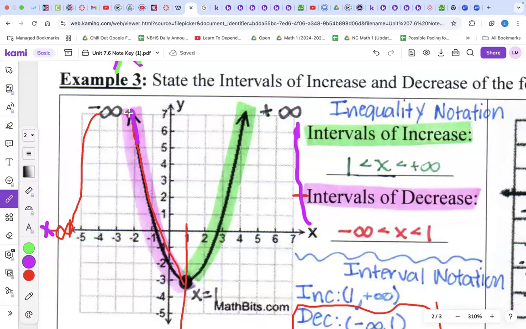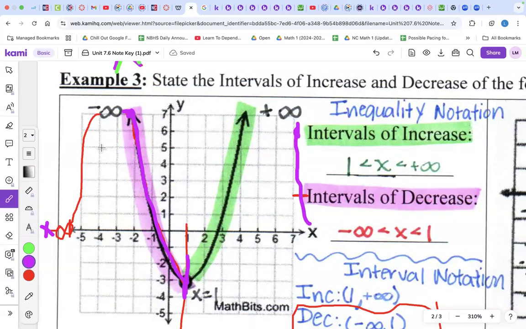Let's say it's a waterfall, and the waterfall is starting up here. And the waterfall falls, and it stopped falling right here. So that means it fell.